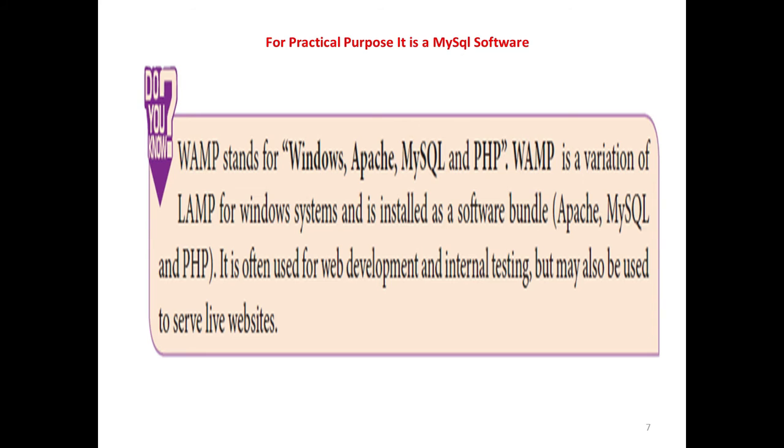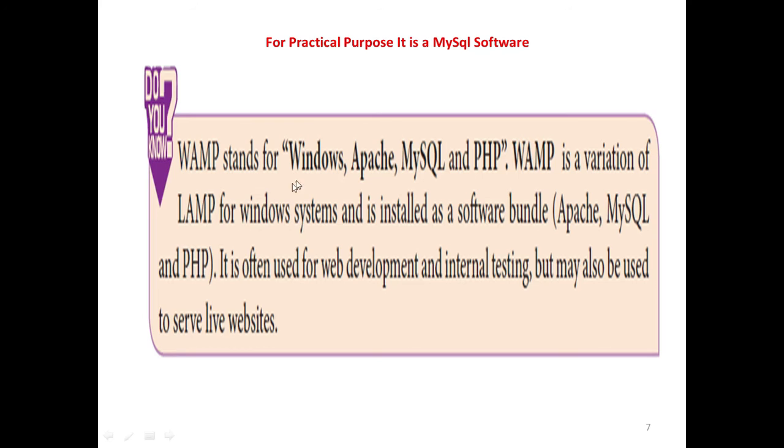What is WAMP? WAMP means Windows, Apache, MySQL and PHP. You learn PHP in the next chapter. This software is essential for the two purposes, MySQL and PHP. So we apply WAMP. Once again, WAMP stands for Windows, Apache, MySQL and PHP.